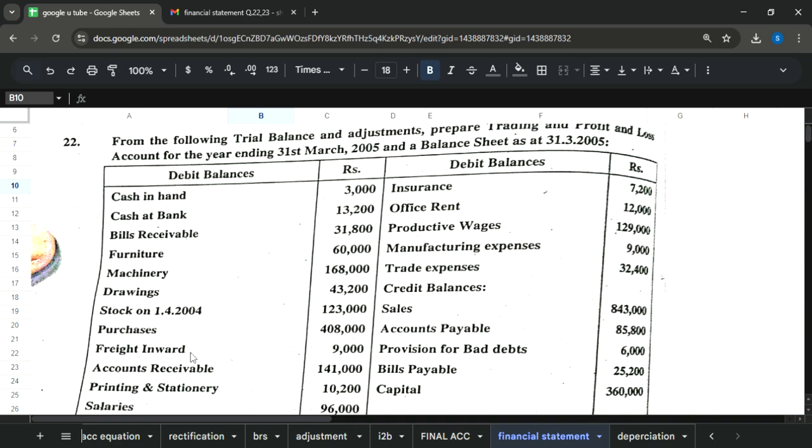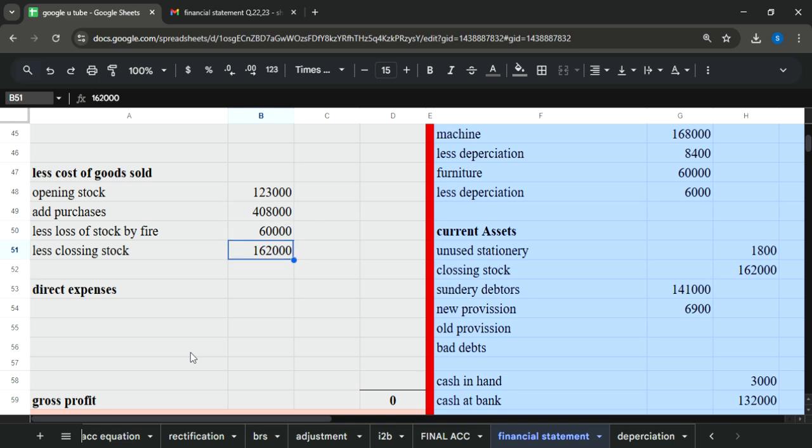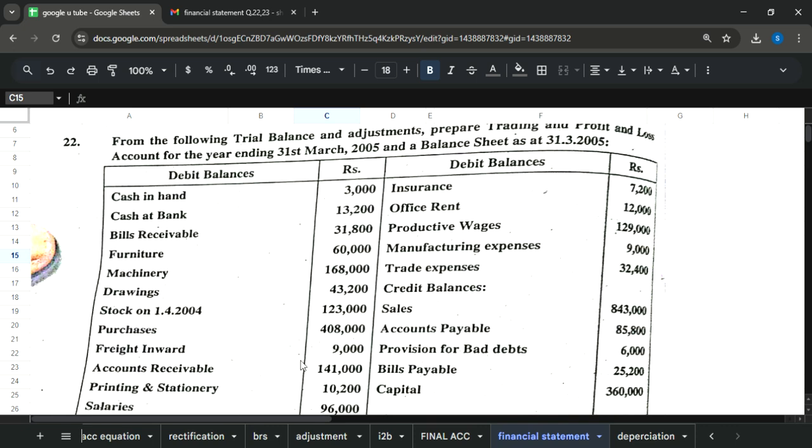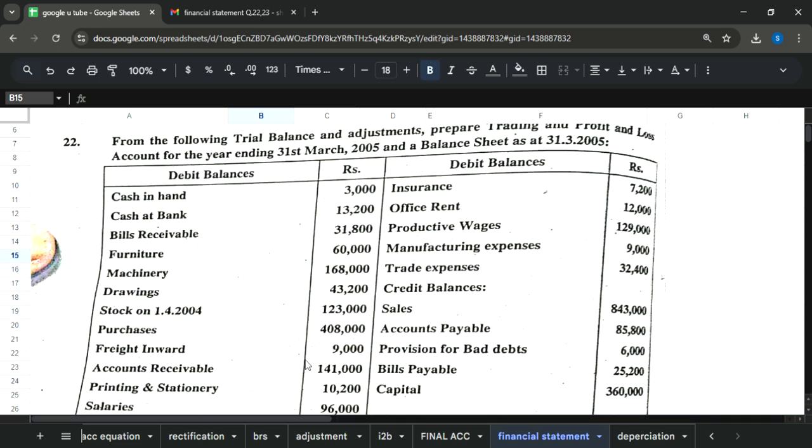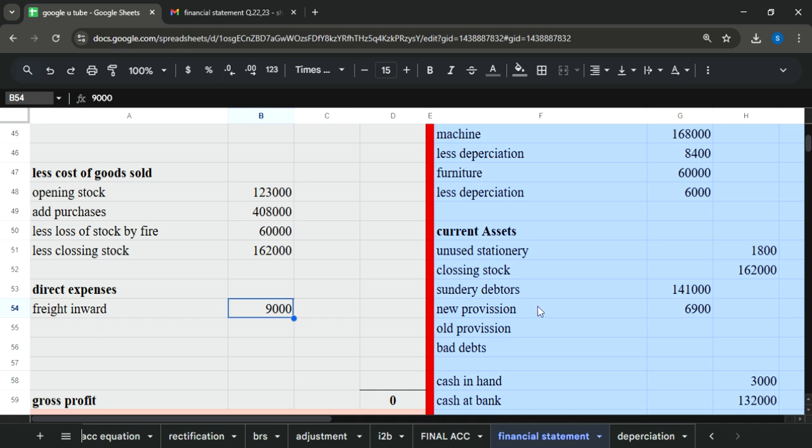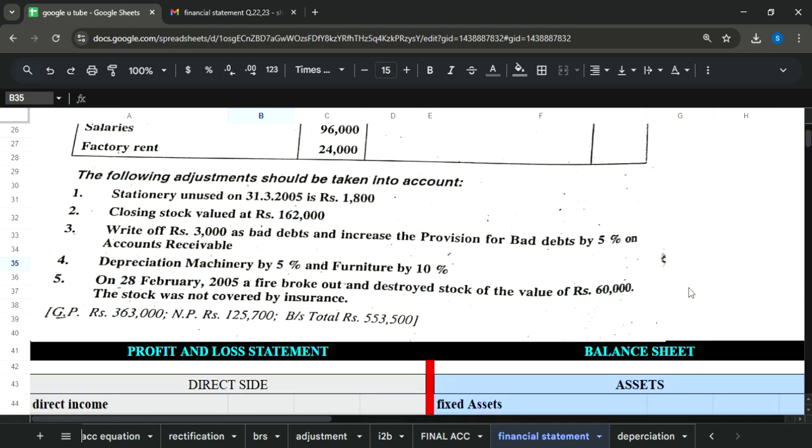After purchases we have freight inward, which is your direct expense. Just mention freight inward, amount of which is 9,000. Put down the amount. And after freight we have account receivable already written, and this is 141,000.